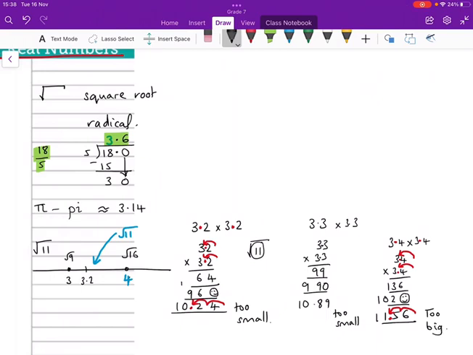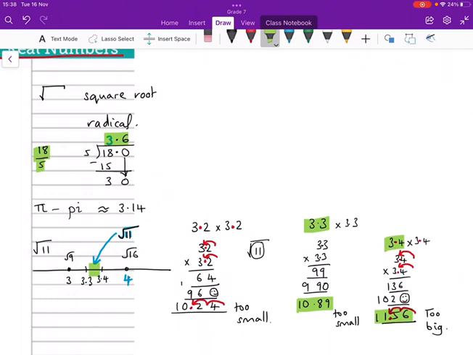So I know that the square root of 11 lies somewhere between 3.3 and 3.4. Because 3.3 is too small, and 3.4 is too big. So it's somewhere in here, 3.3 and 3.4.